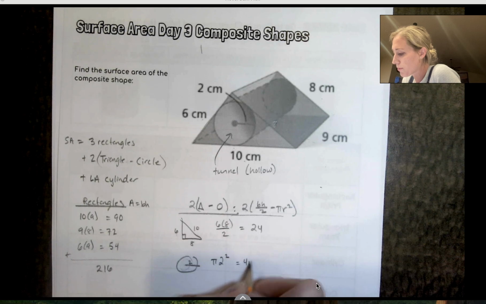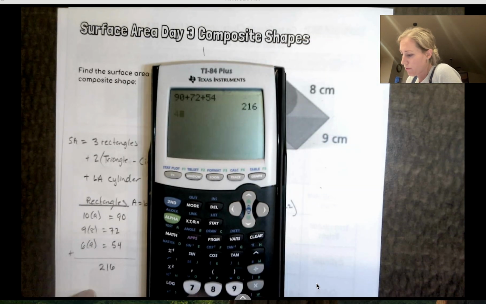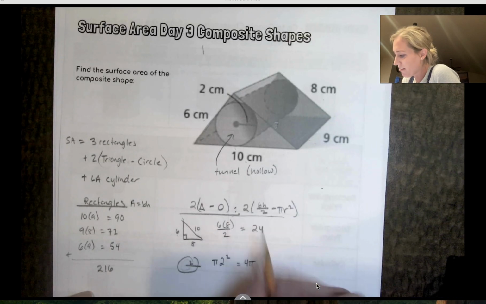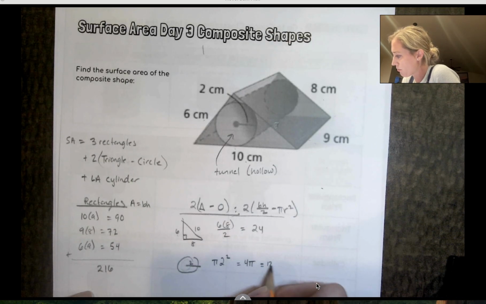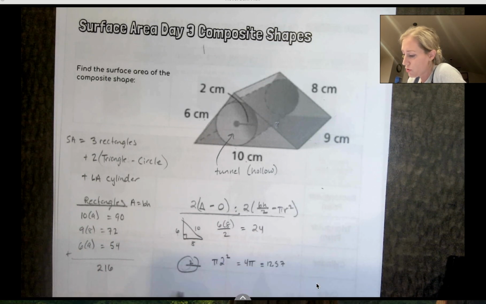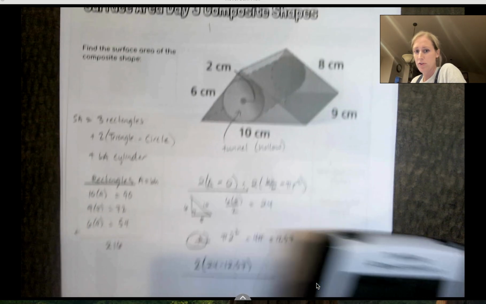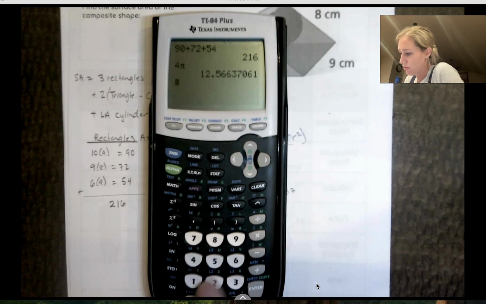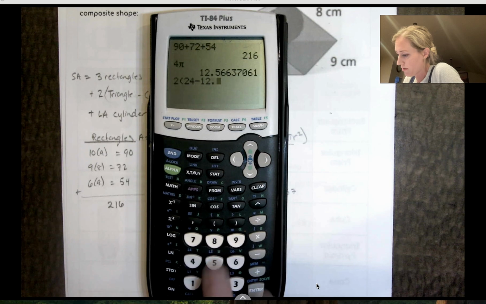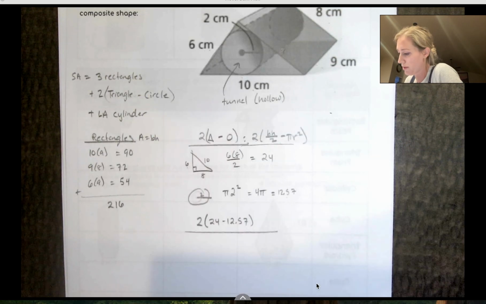I'm going to multiply that out, 4 times pi, because I have to combine it with something that doesn't have pi, so that is 12.57. So we are doing 2 times a triangle minus the circle. We're doing 24 minus 12.57, and then multiplying that by 2. I'm just going to type that in, 2 times 24 minus 12.57, and we get 22.86.